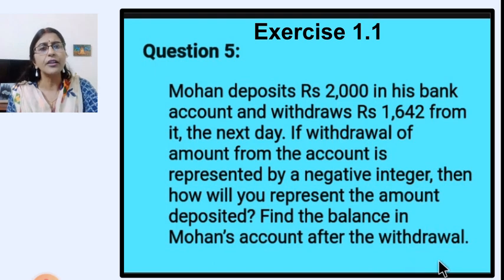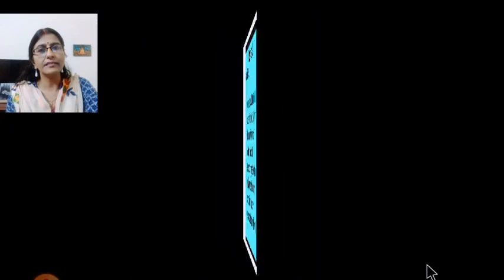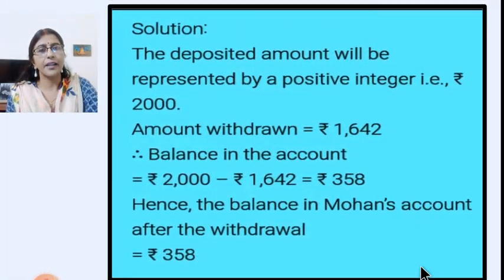So we'll have to find out the balance. Now see here, we will first write what is given. The money deposited was rupees 2,000, so the deposit amount will be represented by a positive integer. Why positive? Because when you are depositing money in your account, it will be added to the money. So it is plus rupees 2,000.